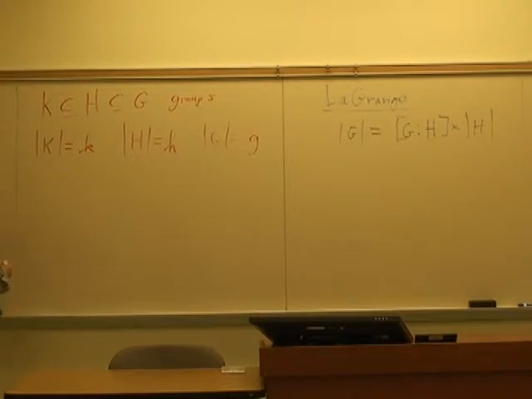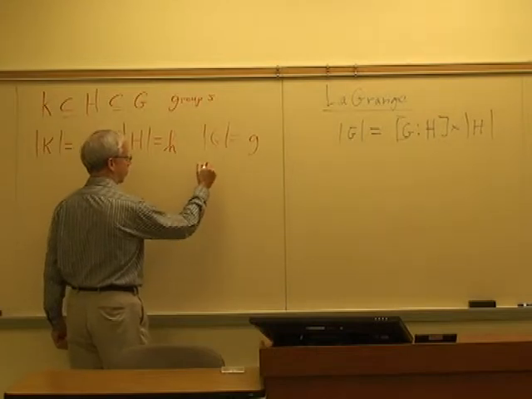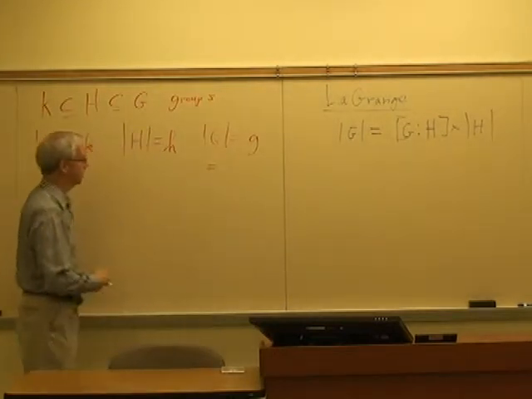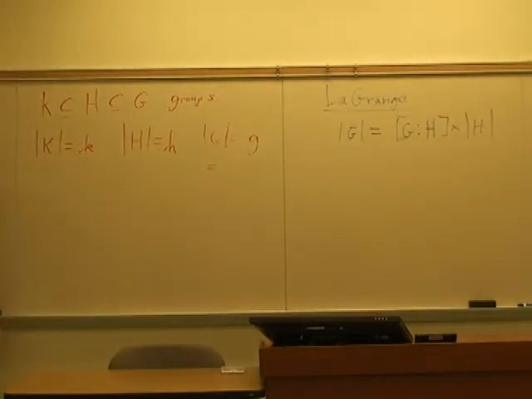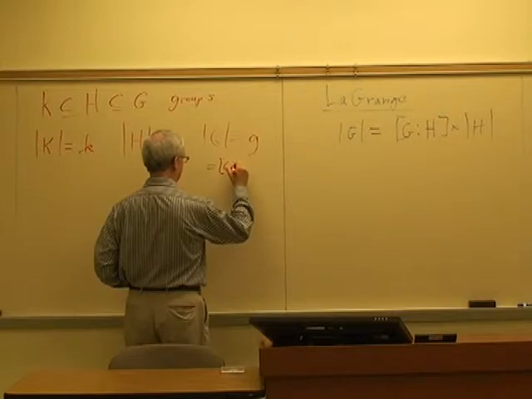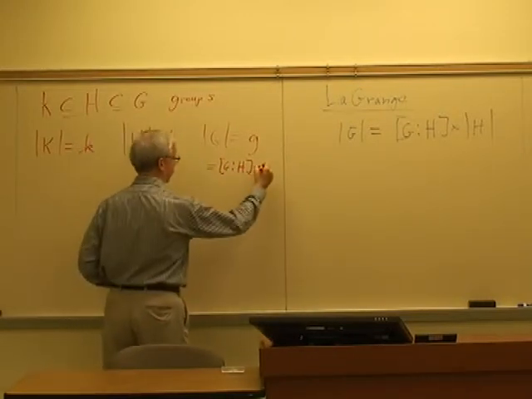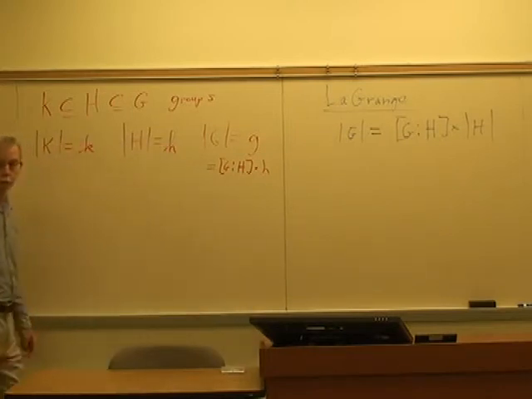So right away we know that the order of G can also be written how then? Well, it can be written as the index of H in G times h, right? That's what I called it.